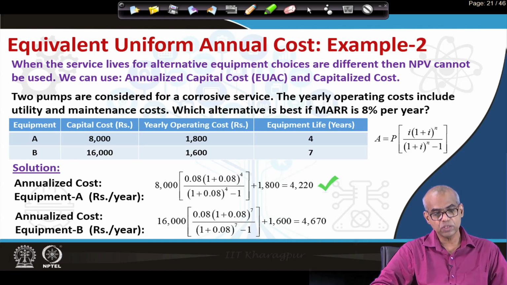Similarly, compute the annualized cost for equipment B. You can see that the annualized cost for equipment A is smaller compared to that of equipment B. So, equipment A is the better alternative and is recommended.